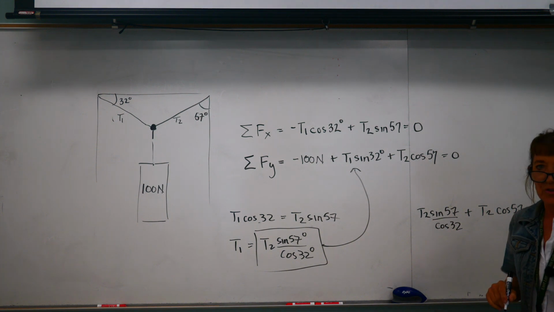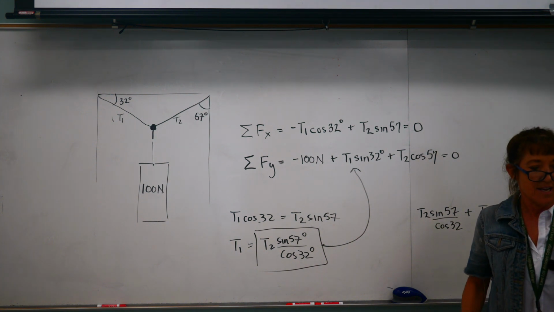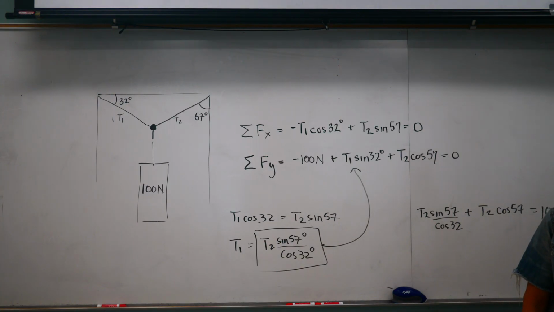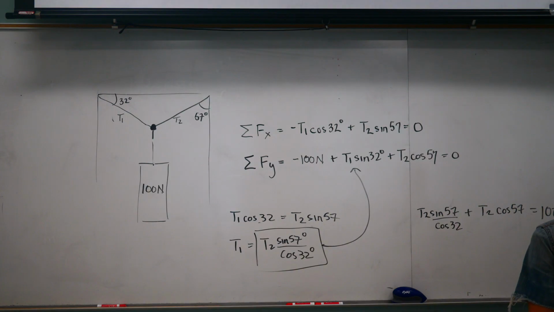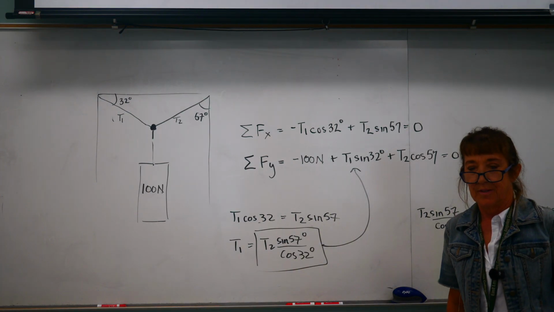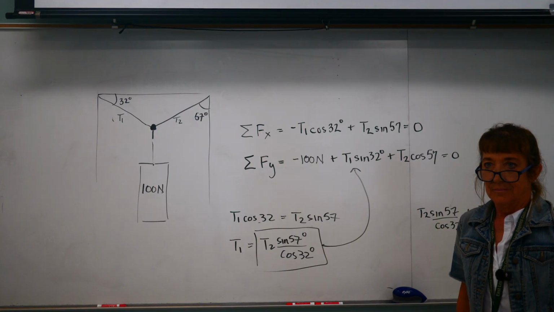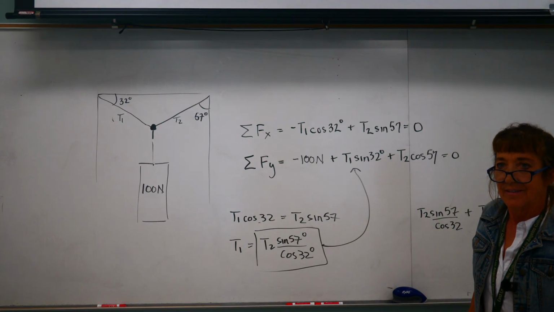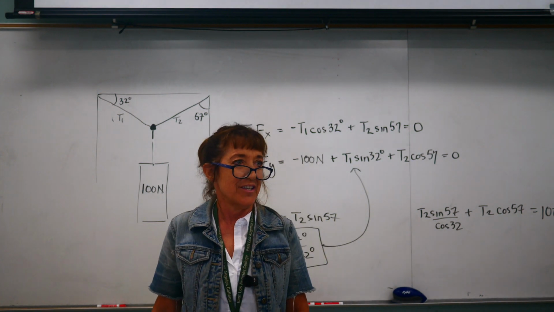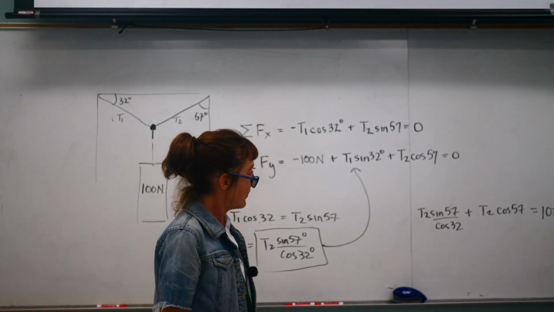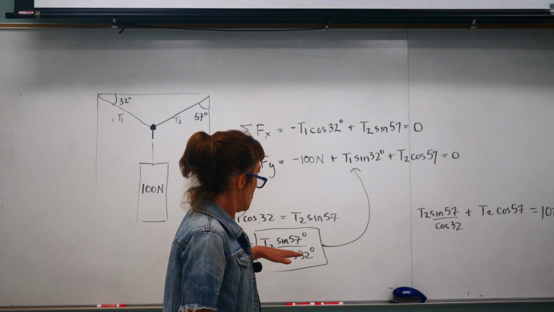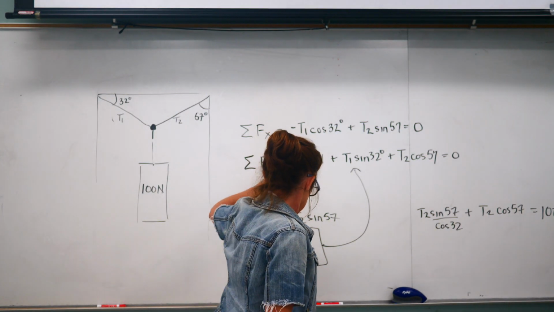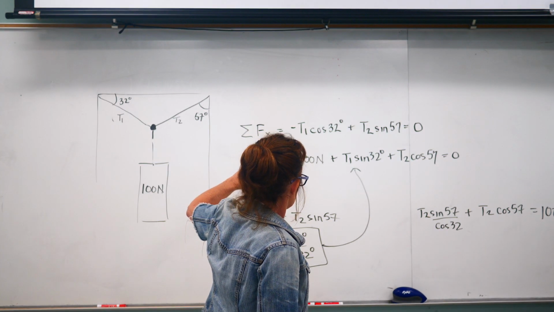And I'm sure somebody would be lovely and solve that for me. I'll take it, Gwen. You got it? Not yet? All right. Do you have it, Jasmine? Yes. No, I have a question. Yes, ma'am. Are we missing a sine 32 in the equation? Let's see where. Like when you plugged in, you know how it's T1 times sine 32?